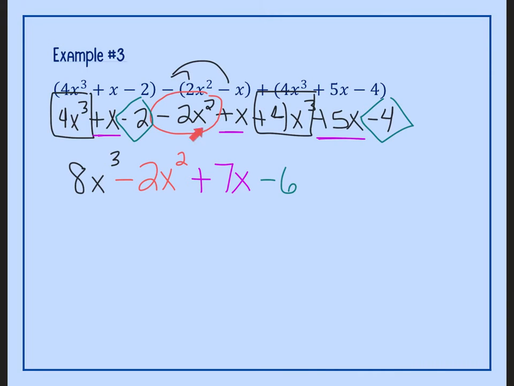I have a -2 and I have a -4, and I'm going to do -2 plus -4. Or I can do -2 minus 4. You must use a negative sign if it's in front. Like if you're using your calculator, this would have to be a negative, and then this would be a minus unless you put a plus sign in between. Okay, so that is your final answer.